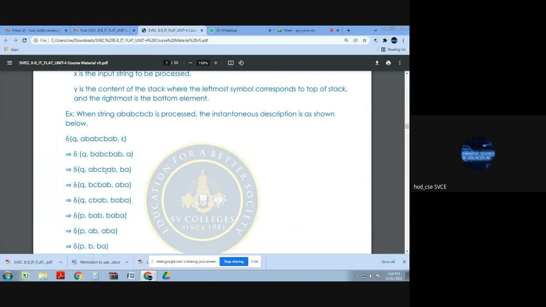Next, it will process B. Again Q comma B, again we are performing a push operation, so B also will be pushed onto the stack. Then the next B will be pushed, and for C we had given nothing.